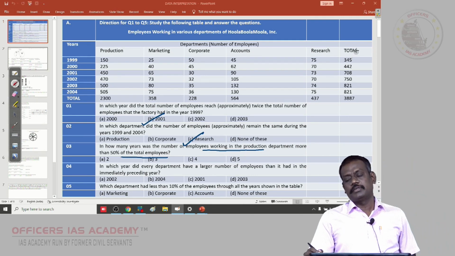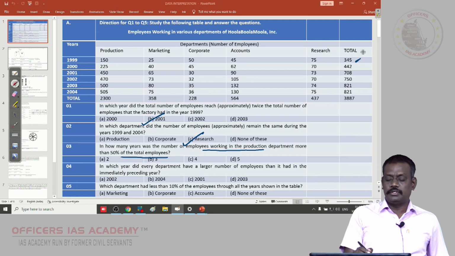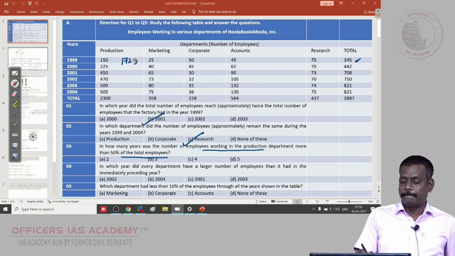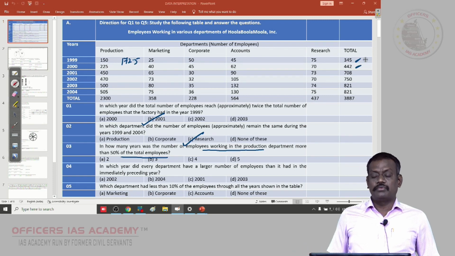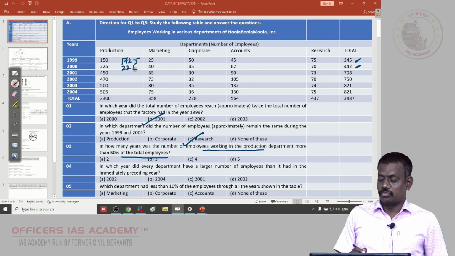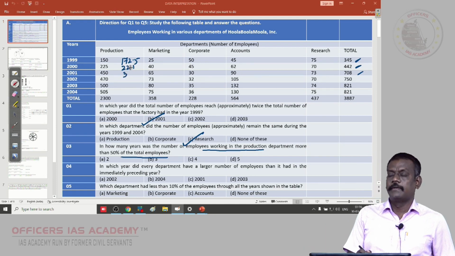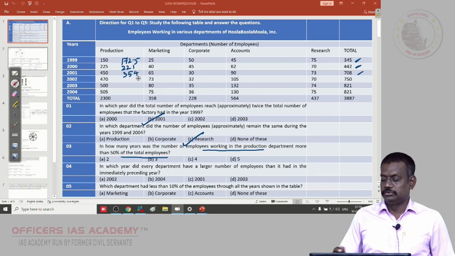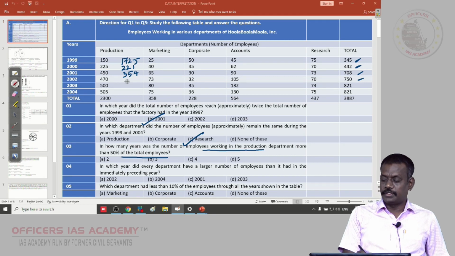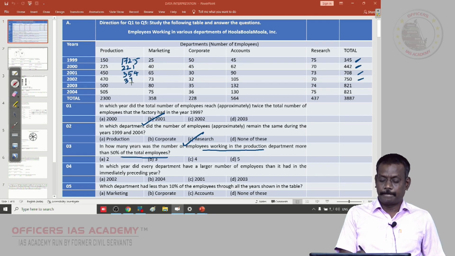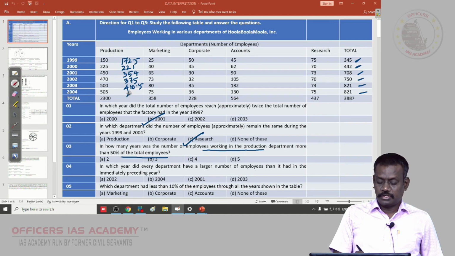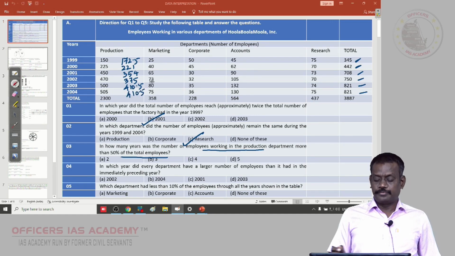So now we will find 50% of this 345, it is 172.5, and 50% of 442, it is 221, and 50% of 708, it is 354, and 750, it is 375, 821, it is 410.5, next 821, 410.5.